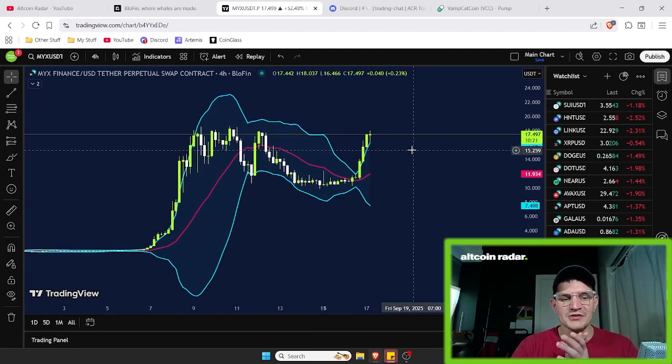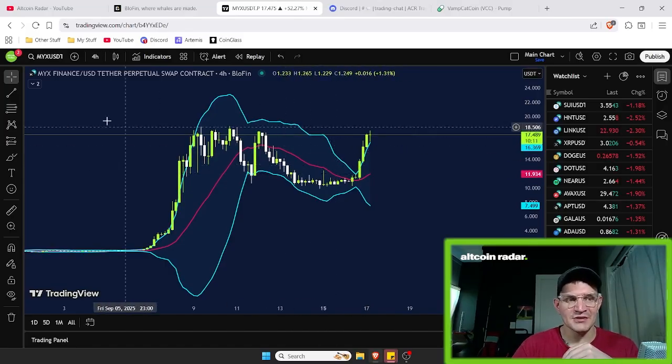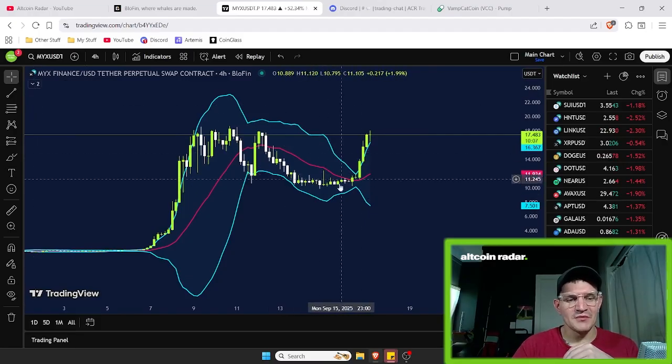But Bollinger Bands are technically a volatility indicator that consists of 3 lines that you can see. We've got a middle line, which is my pink line here, which is a 20-period moving average. Yeah, it's a 20-period moving average. And then we've got our upper band right up here, and the lower band down here as well.